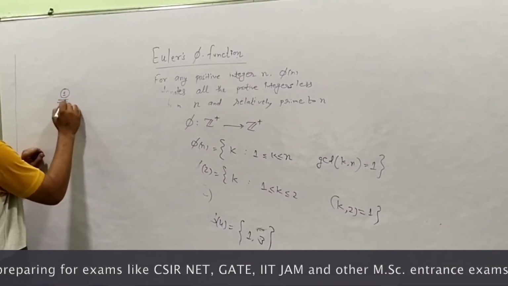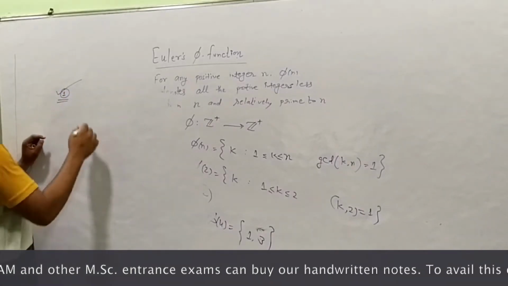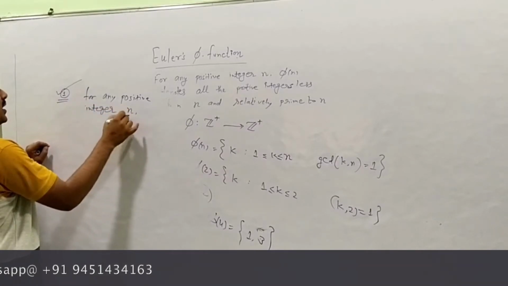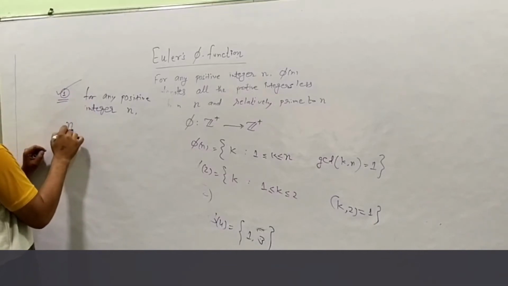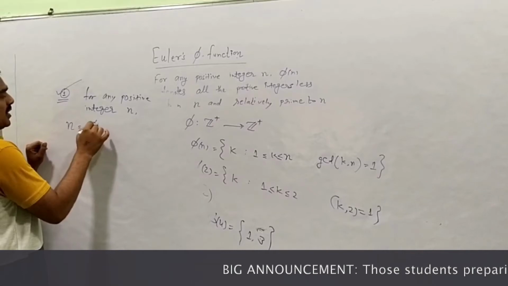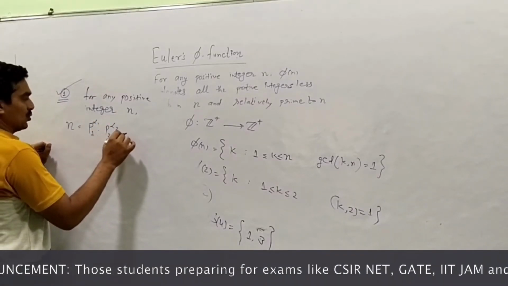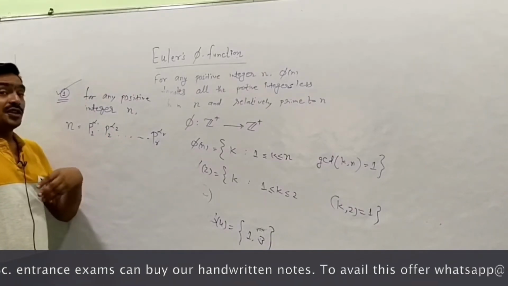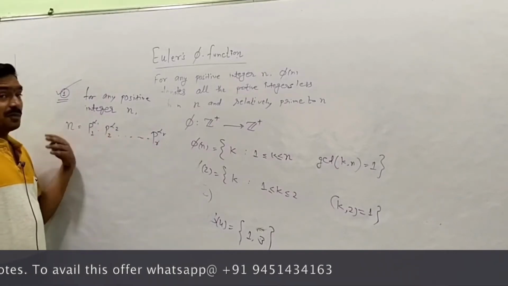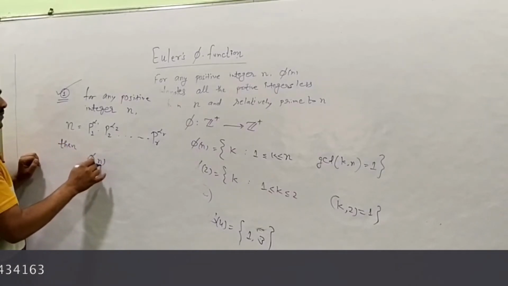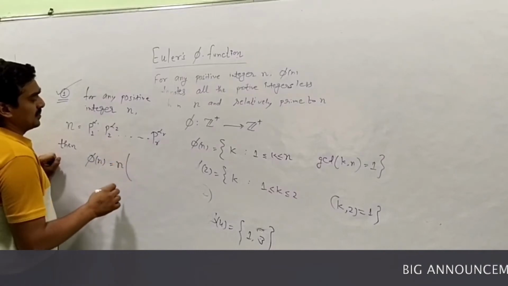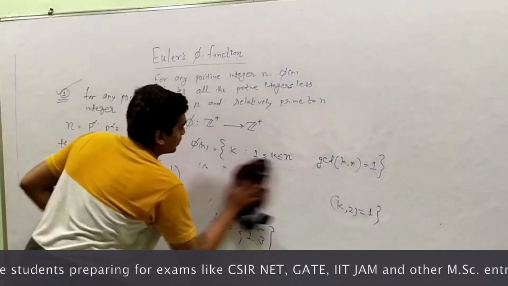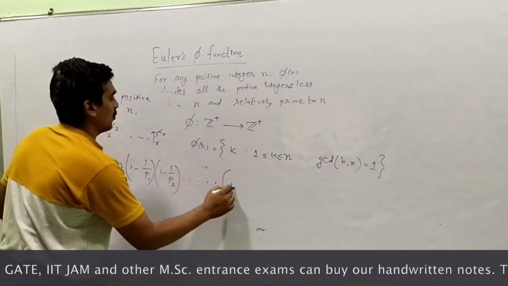First property, and a very important property: for any positive integer n where n is p1 raised to the power alpha 1 into p2 raised to the power alpha 2 and so on, up to pr raised to the power alpha r, where p1, p2, up to pr are all distinct primes and alpha 1, alpha 2, up to alpha r are their powers, then phi n is given by the formula n times (1 minus 1 upon p1) times (1 minus 1 upon p2) and so on up to (1 minus 1 upon pr).